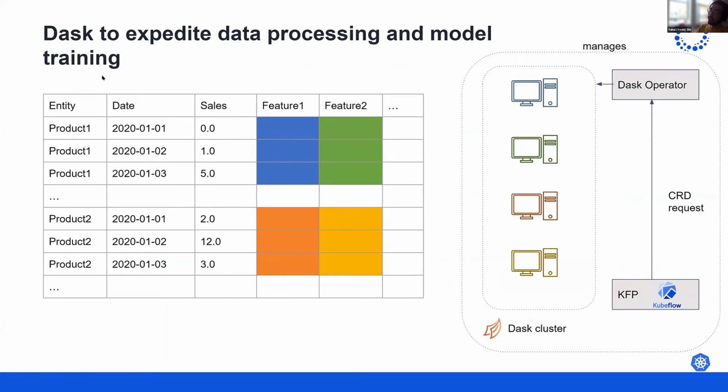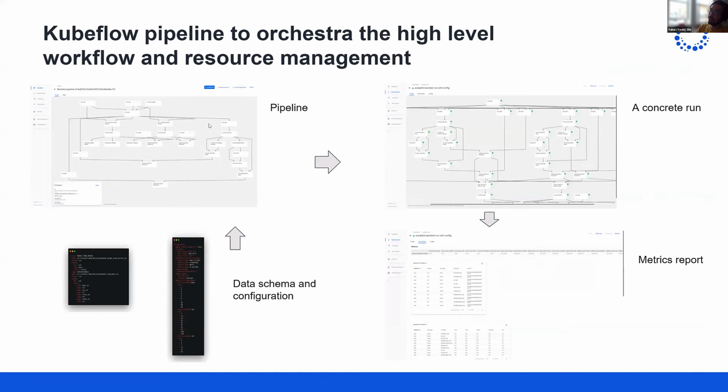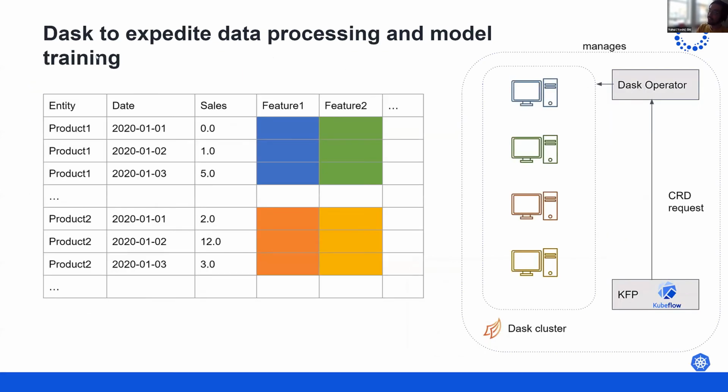Unlike Kubeflow pipeline, which is in charge of the high-level orchestration about different things, Dask is more dedicated to scaling our computation across multiple machines at the actual execution level. So for example, we might have a data set that looks like this.